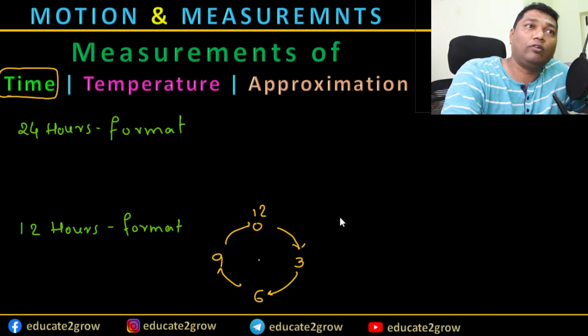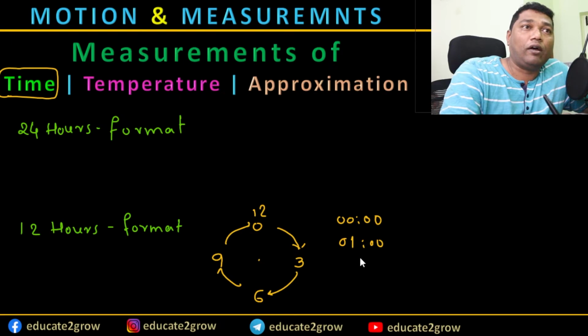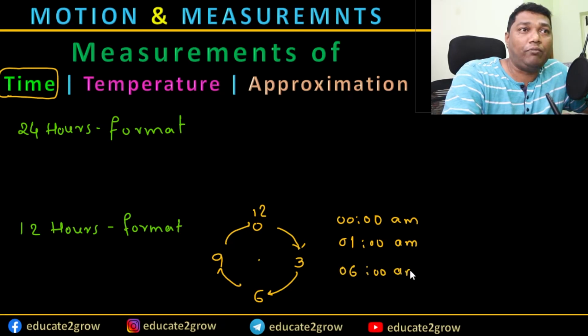Midnight 12 is always called 00. Midnight 1 o'clock is always called like this, and this is AM, anti-meridian. Early morning 6 o'clock is anti-meridian. 9 o'clock is anti-meridian.